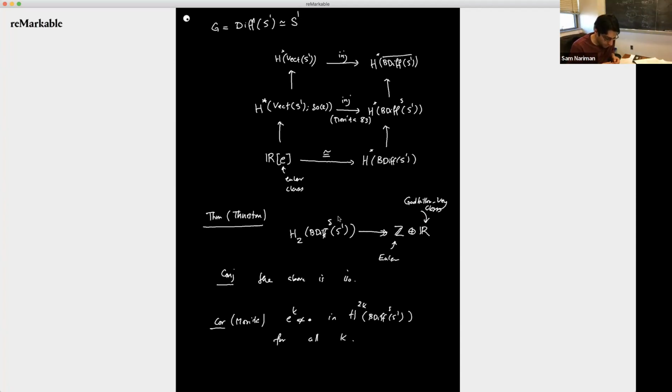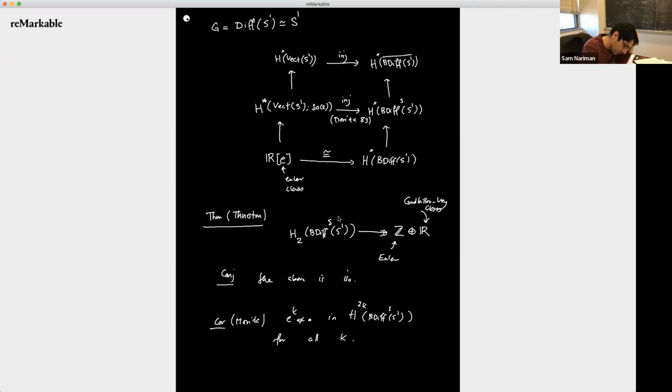And one thing we recently proved was actually in this direction. We proved that there is no more class that is bounded. So if there is anything else other than the Euler class and Godbillon-Vey, it has to be an unbounded class.